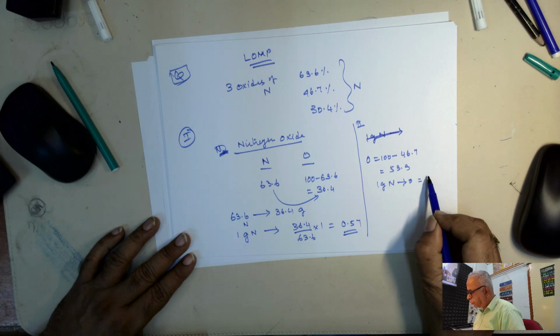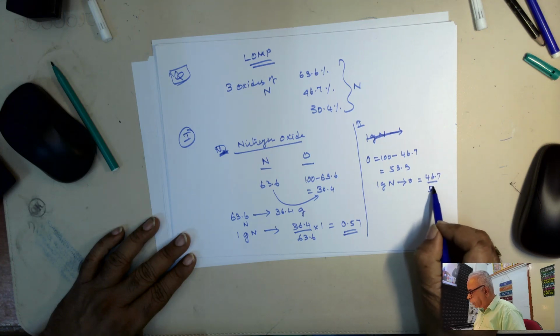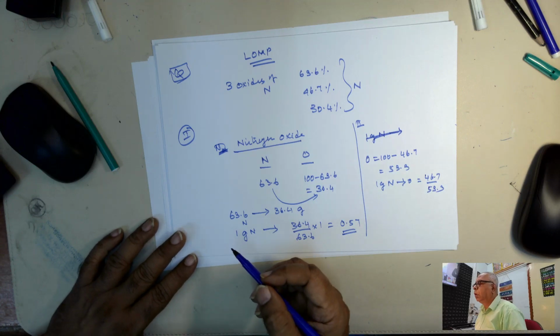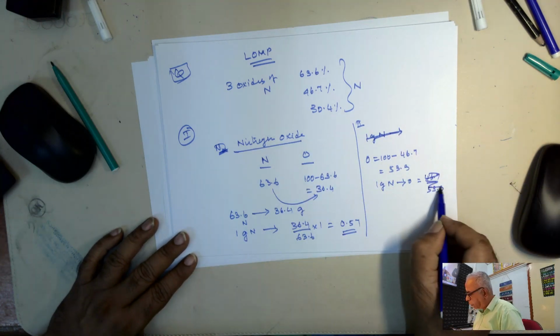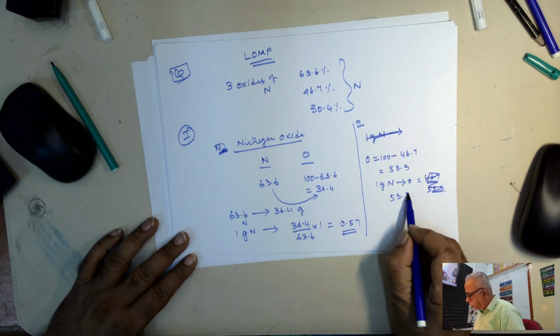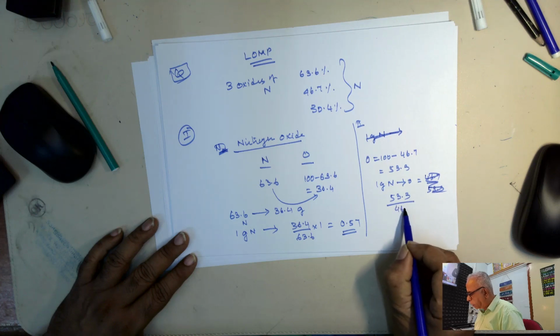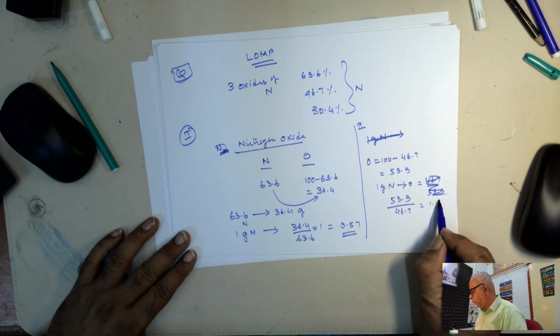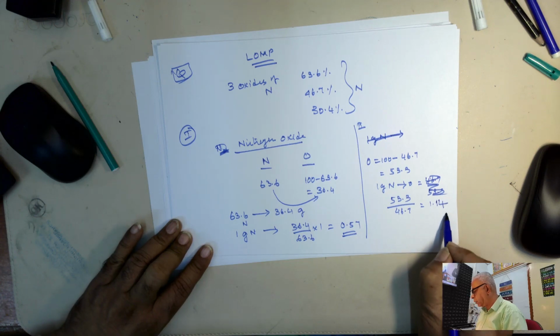That is 53.3 divided by 46.7. How much? The oxygen is 1.14. Correct.